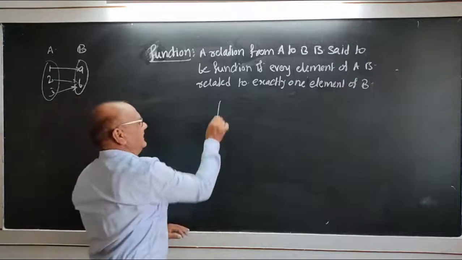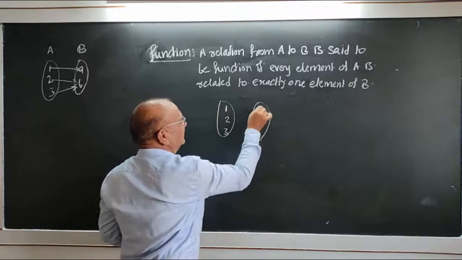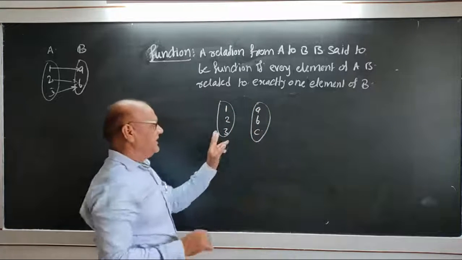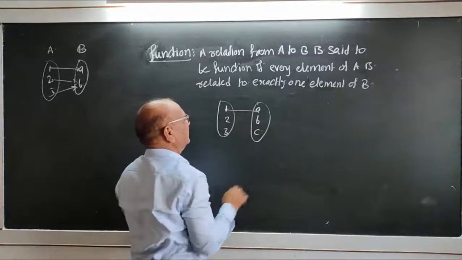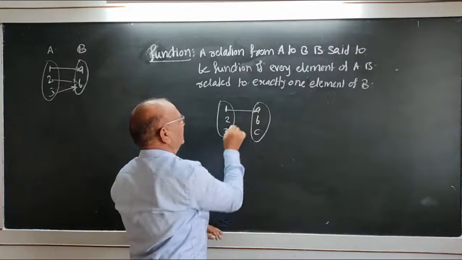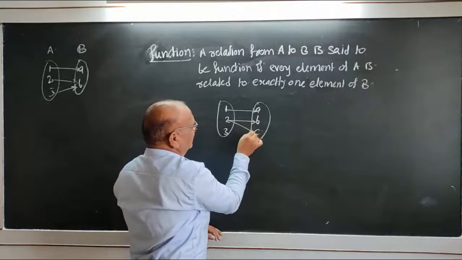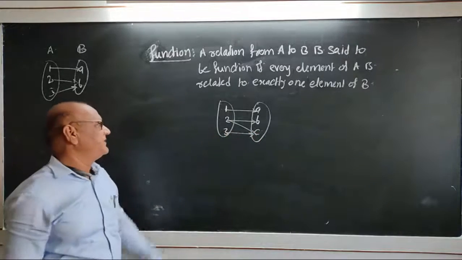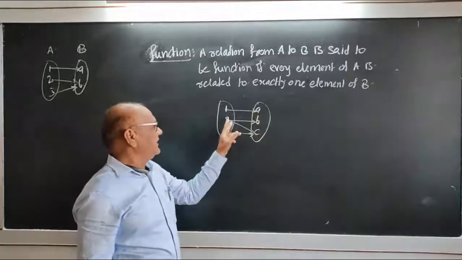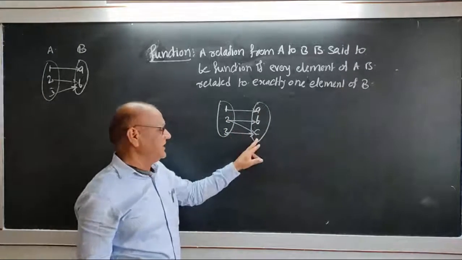That means, for example, here 1, 2, 3 and here a, b, c. Suppose 1 is related to a, 2 is related to b, and 2 is related to c, 3 is related to c.